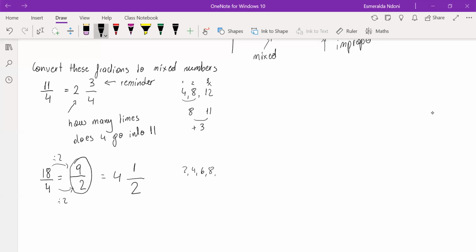We know now how to convert improper fractions to mixed numbers. Now, what I need you to do is copy these last two examples down. Then I need you to log on to Haggerty Maths and complete task 63. I'm going to write it down in case you missed it.